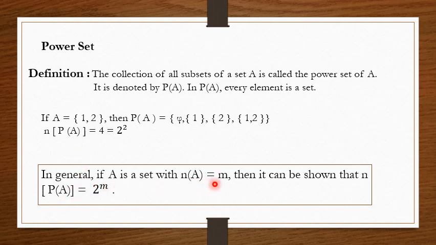If A contains m elements, then the power set of A contains 2 raised to m elements. If A contains 5 elements, then its power set contains 2 raised to 5 elements. If A contains 6 elements, then its power set contains 2 raised to 6 elements, like that.